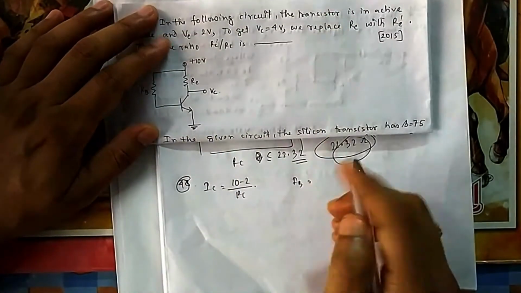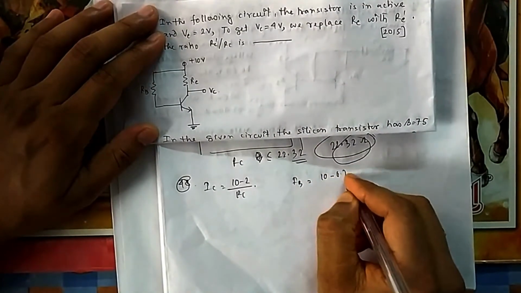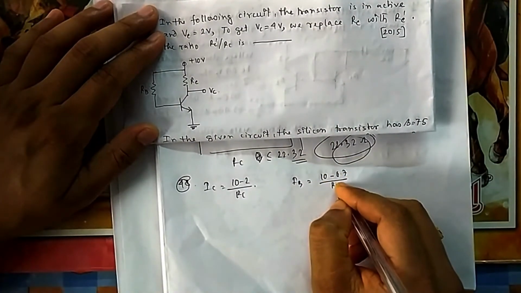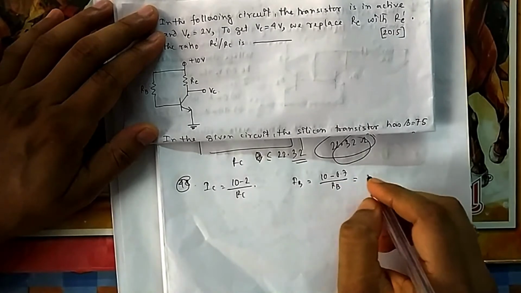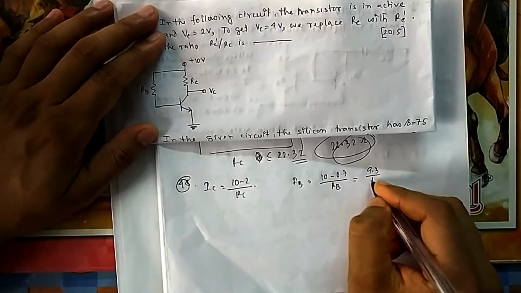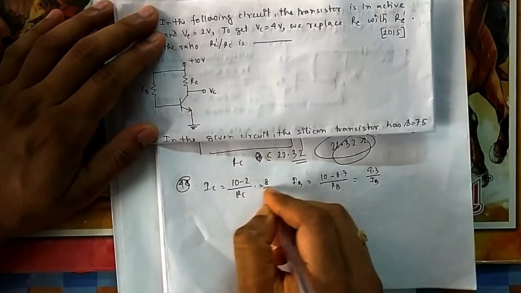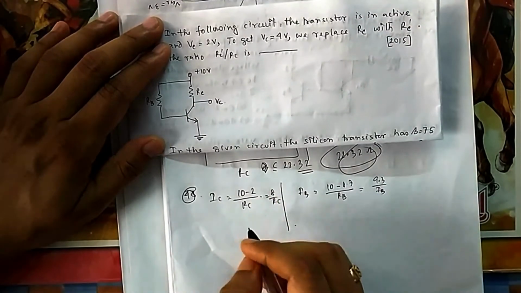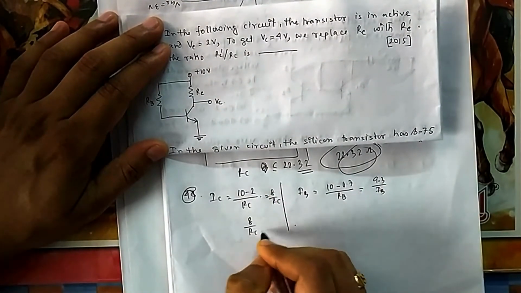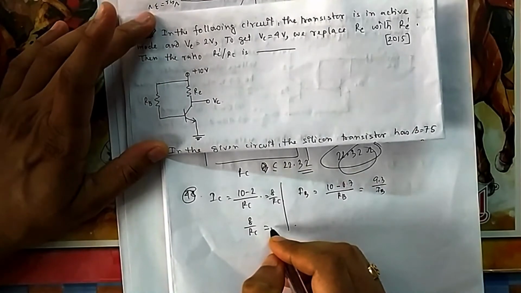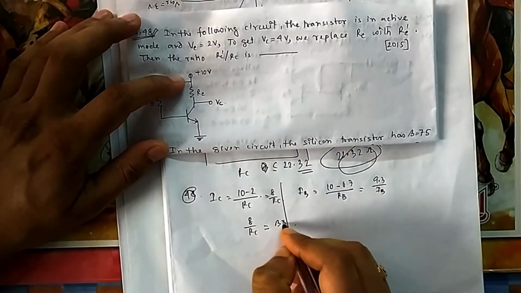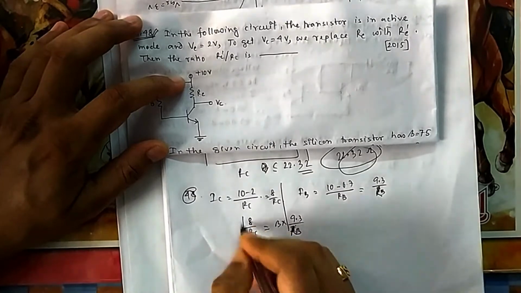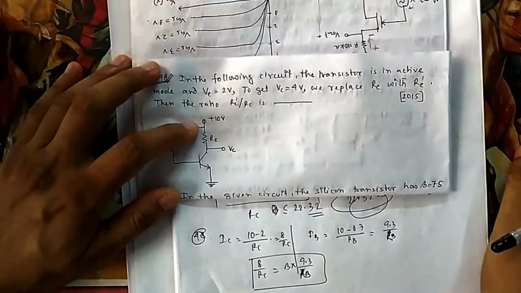IB will be equal to 10 minus 0.7 by RB, that is 9.3 by RB, and IC is 8 by RC. Now there is a relation between these two. So 8 by RC is equal to beta into 9.3 by RB. So this is the relation we have found out.